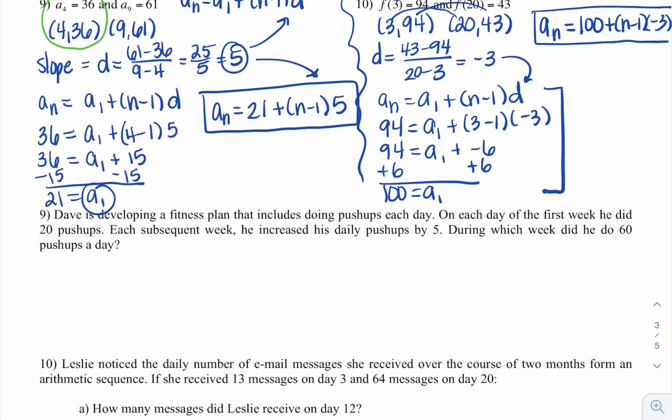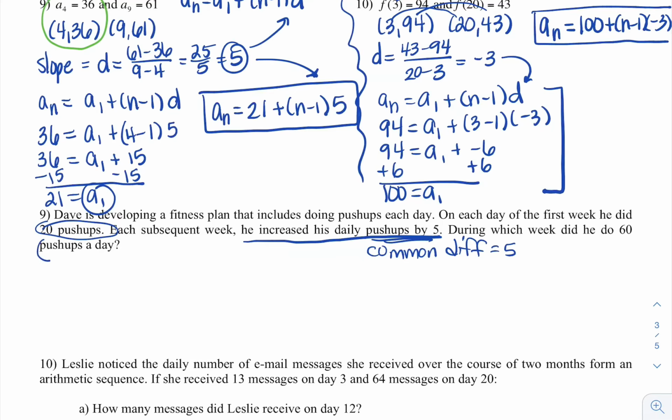Dave is developing a fitness plan that includes doing push-ups each day. On each day the first week he did 20 push-ups. Each subsequent week he increased his daily push-ups by 5. He's increasing by a constant change or a common difference of 5. During which week did he do 60 push-ups per day?